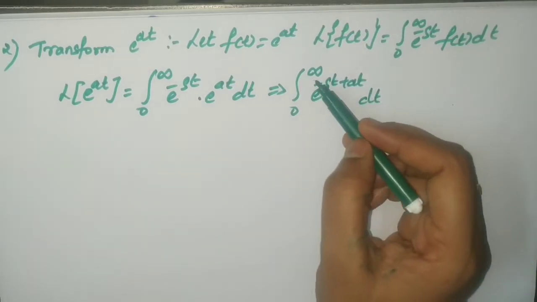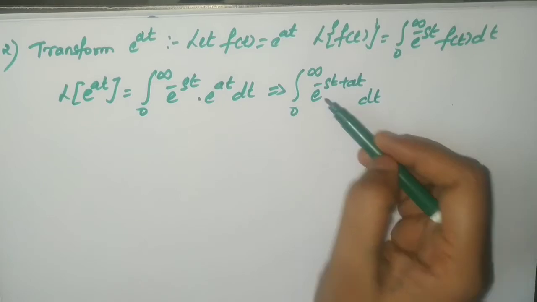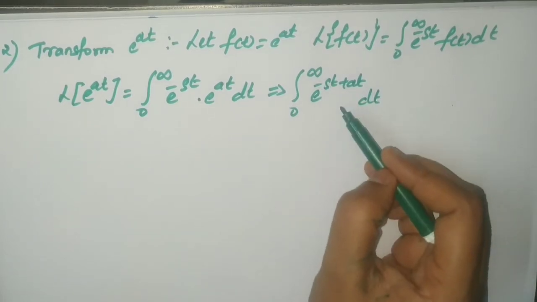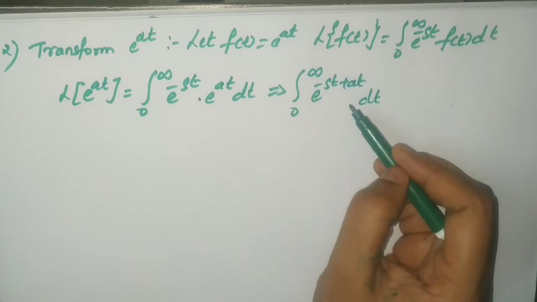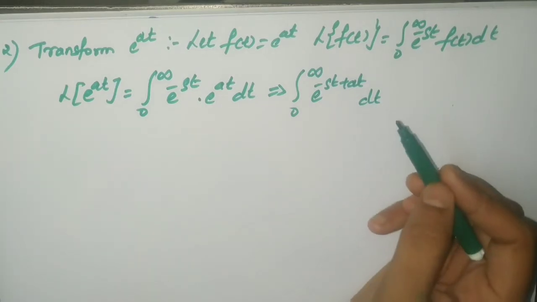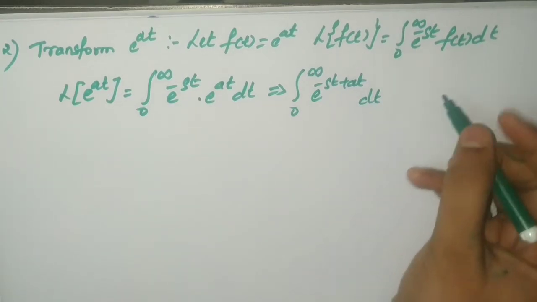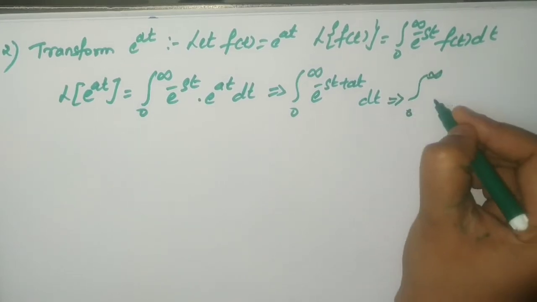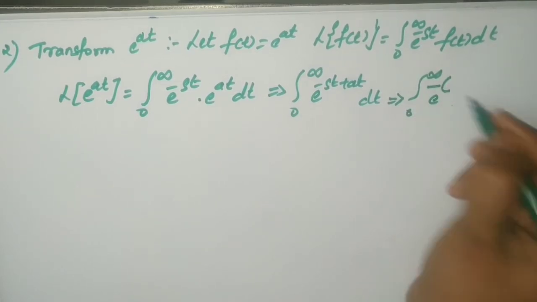Always remember, whenever we have infinity and exponential, try to keep the exponential with a common negative sign, because e power minus infinity is 0, right? E power infinity becomes infinity. So what I am going to do here is 0 to infinity, taking a negative sign common.